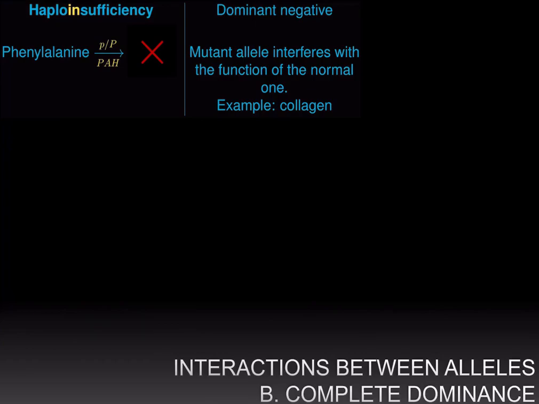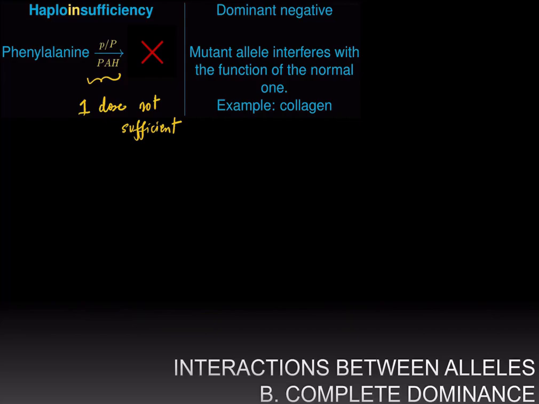So let's say that one dose in the het was not sufficient to convert phenylalanine into tyrosine, and you really needed the full amount produced by the two big P alleles to successfully convert phenylalanine into tyrosine.